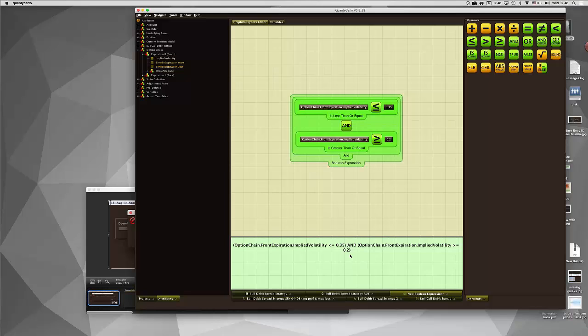Okay, so the IV percentile of a certain underlying over the past 12 months or something like that. Exactly. Okay, that's a very interesting thing to add. We haven't implemented that, but it would be very interesting to add. We have the data, so it's just a matter of putting the algorithm in. So I'm going to take a note of that.